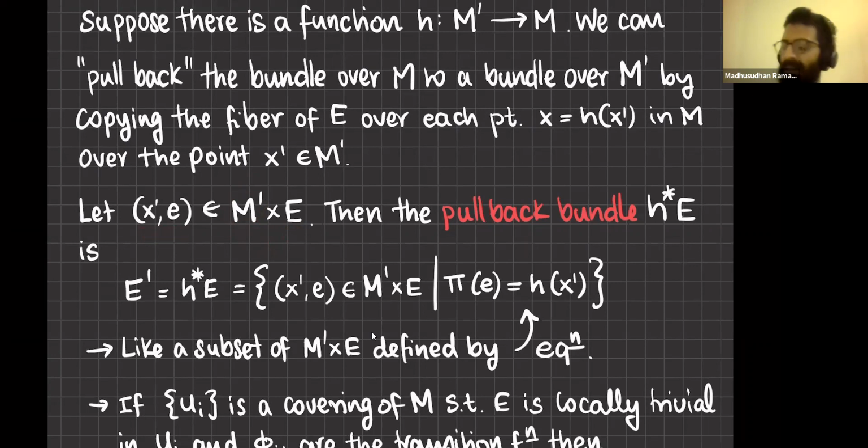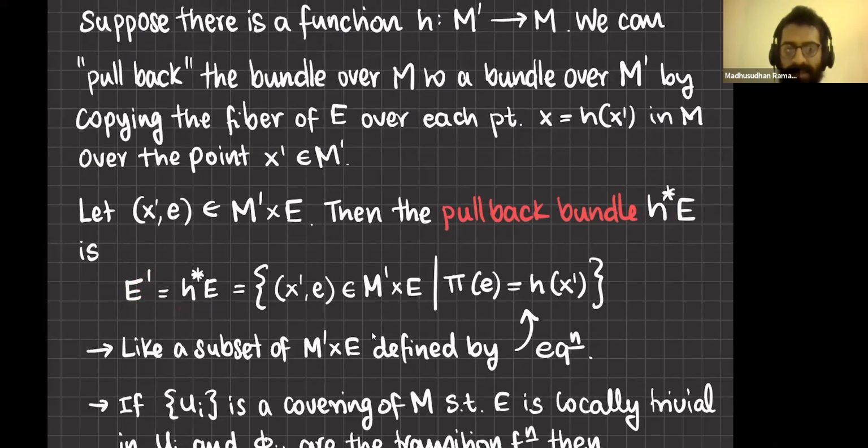Then the pullback bundle, which I will denote h star E, this notation is supposed to remind you of pullbacks of forms. E prime is the new bundle that you're constructing, the pullback bundle of E.